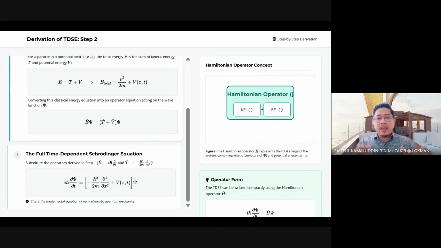So the final equation becomes a compact statement of a very powerful idea. If you know the energy landscape, you can predict how the quantum state changes with time. All right. So in density functional theory, we call this TDDFT, time-dependent density functional theory, which we could use to predict the electrical properties of any materials at any time.